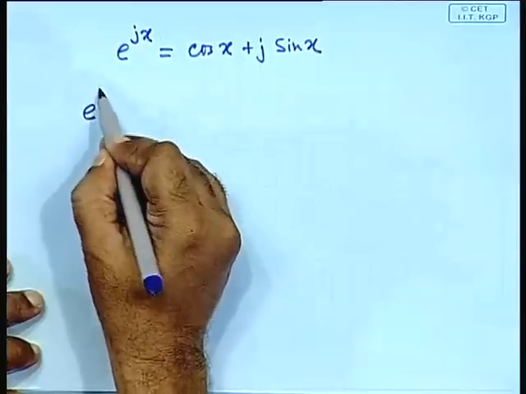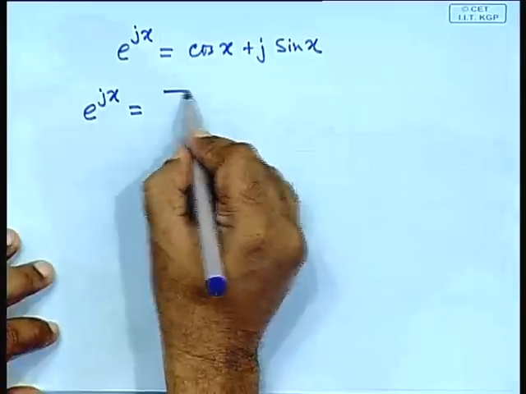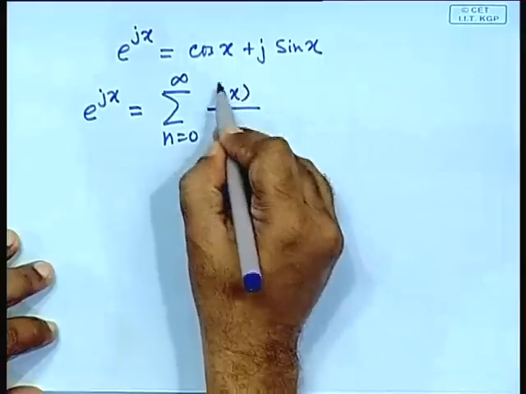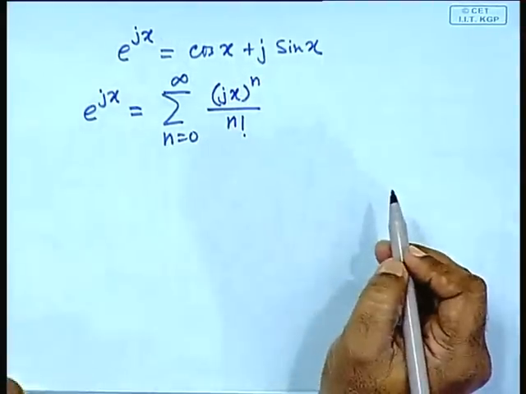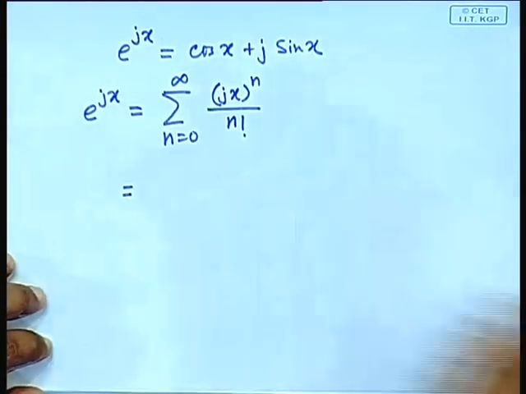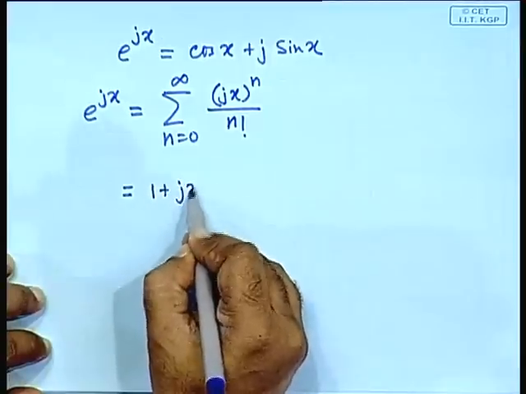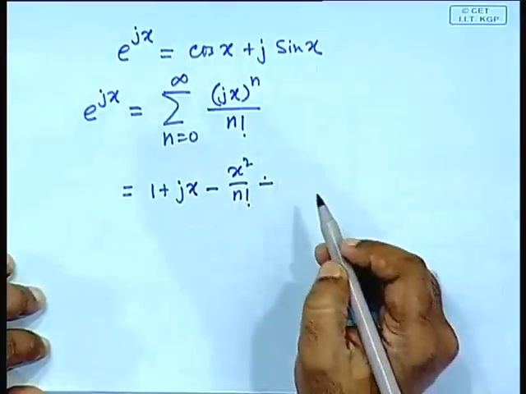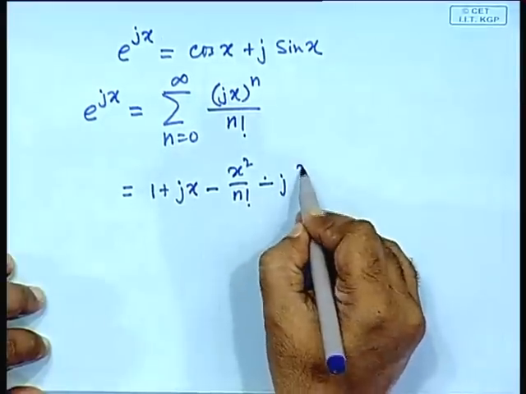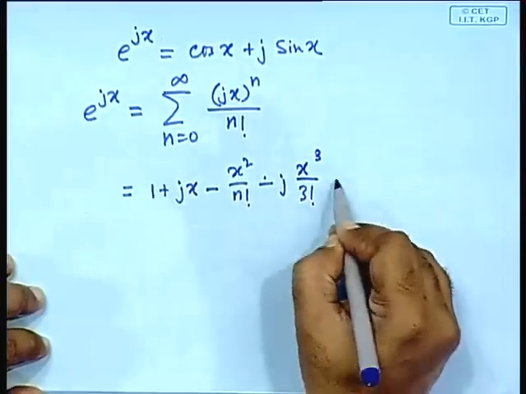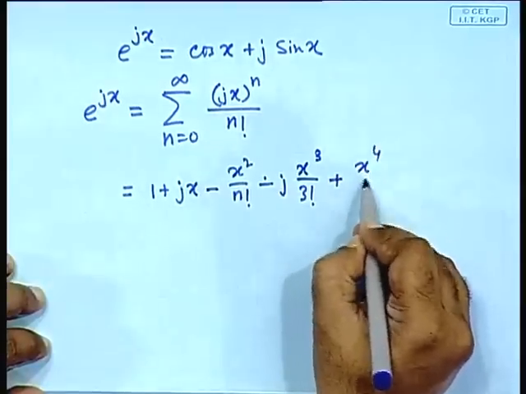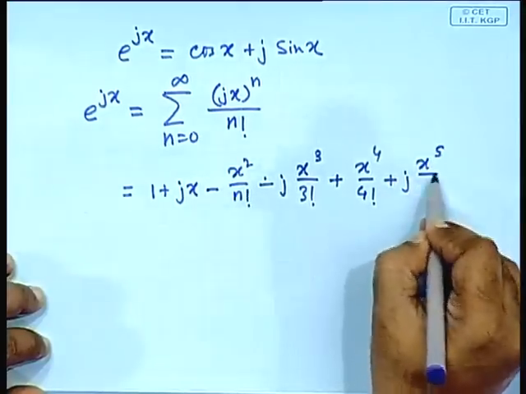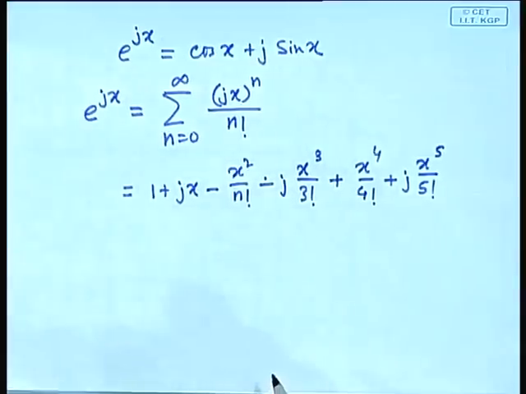So e to the power j x when expanded will give the sum from 0 to infinity of (j x) to the power n divided by n factorial, which if you write in expanded way is 1 plus j x minus x squared by 2 factorial minus j x cubed by 3 factorial plus x to the 4 by 4 factorial and so on and so forth, plus j x to the 5 by 5 factorial, fine.